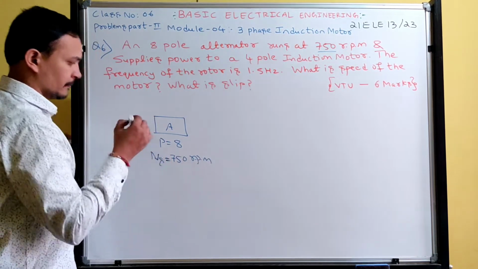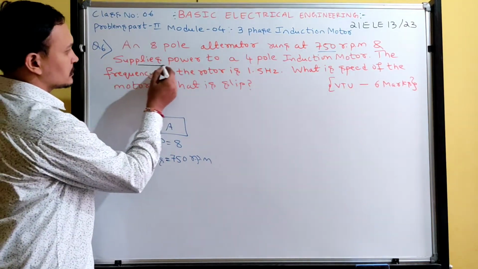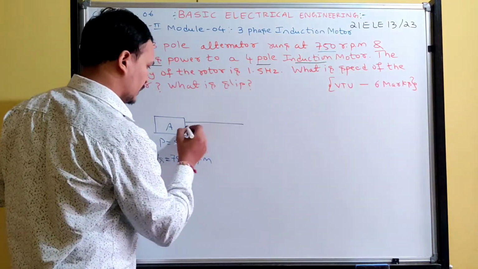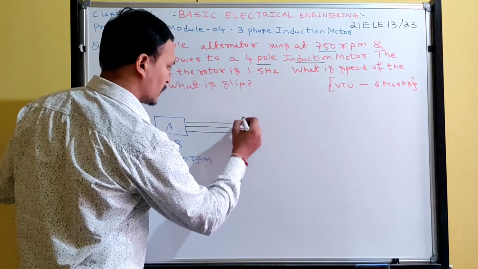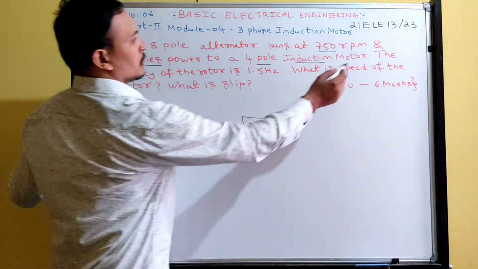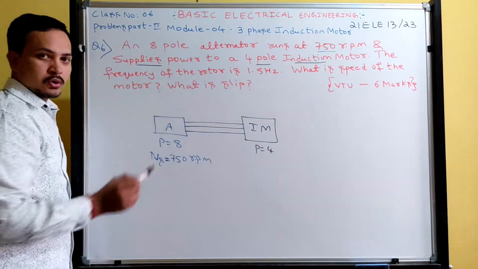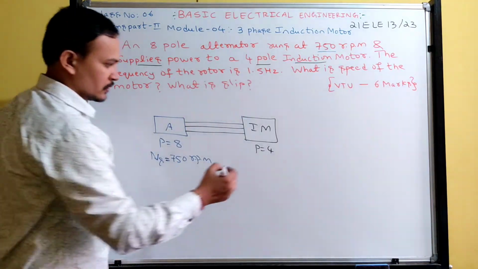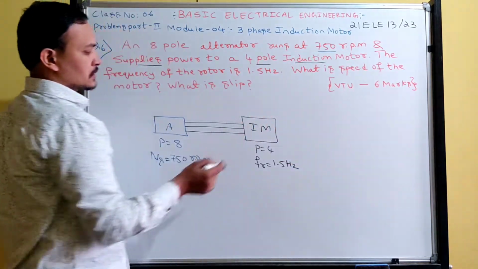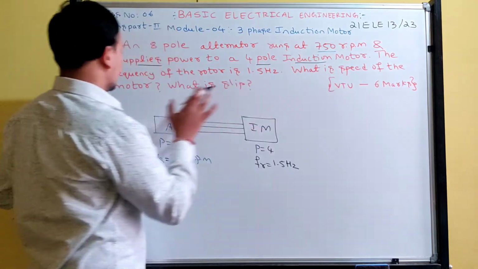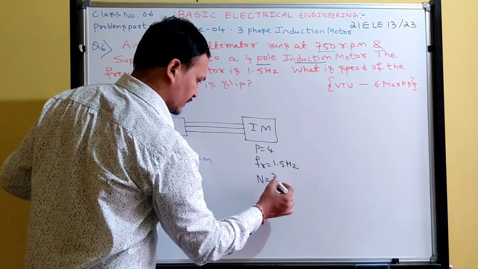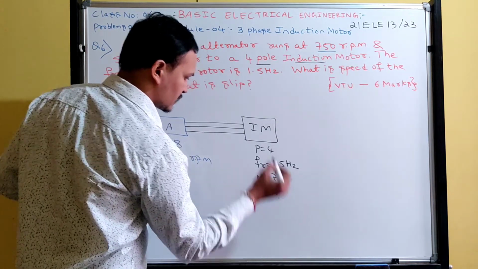This alternator supplies power to a 4-pole induction motor, so the number of poles is 4. They also gave the rotor frequency as 1.5 Hertz. They are asking what is the speed of the motor and what is the slip. You need to calculate the value of n and the value of slip.